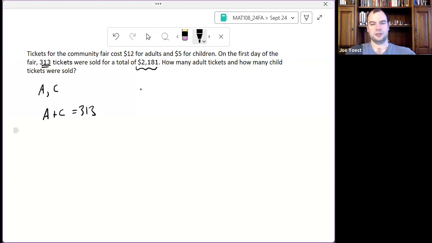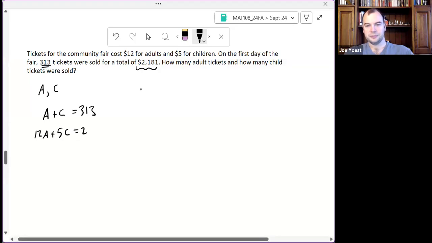Each adult ticket sold brought in $12, so the total revenue from adult tickets is 12A. And each child ticket sold brought in $5 of revenue, so the revenue from child tickets sold was 5C. And that's got a total of 2181.